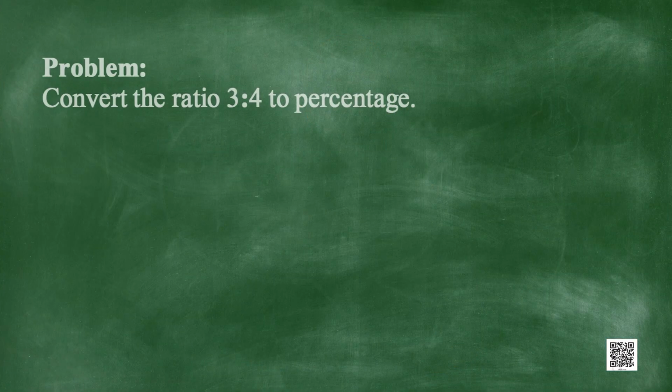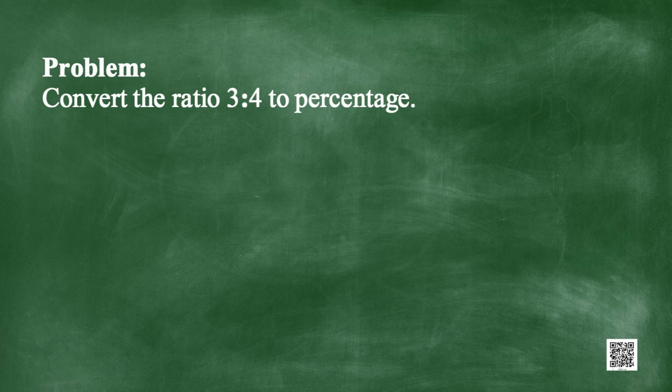Students, now let me ask you a question. Suppose a comparison is given in terms of ratio, can you convert it into percentage? Well, now let's find the conversion of ratios into percentage. So let's convert the ratio 3:4 to percentage. Ratio 3:4 can be viewed as 3/4. Now we can convert this into percentage either by making the denominator 100 or by the unitary method.